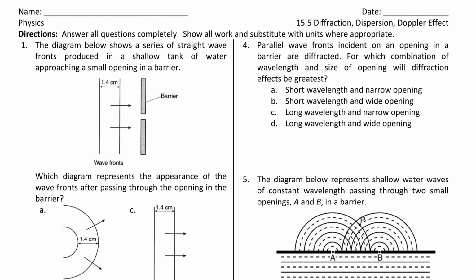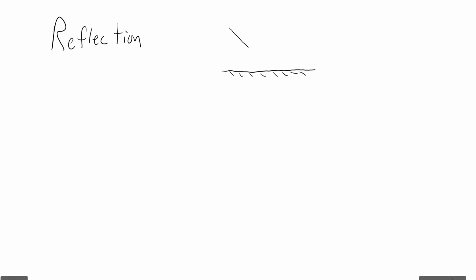I do want to just do this quick thing with diffraction and reflection and refraction. So reflection looks like this. Incident ray, and then it bounces off. So that is the bouncing of a wave.